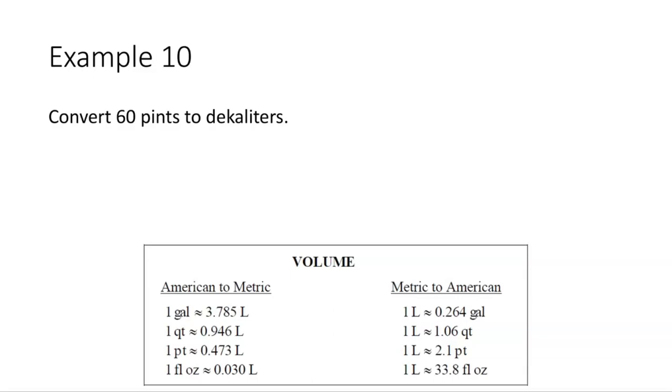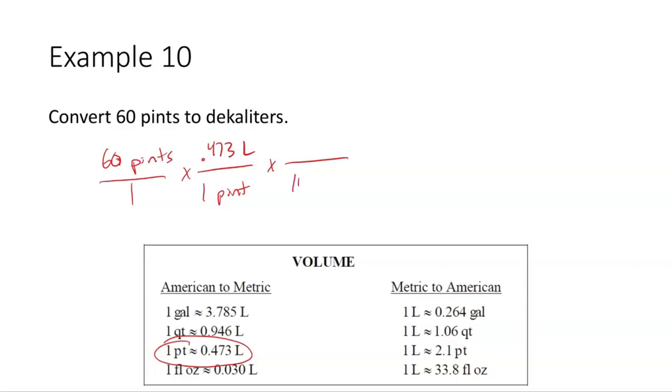If I want to go pints to decaliters, so I start with 60 pints. And what I know is 1 pint is 0.473 liters. And then deca means 10 liters. So 10 liters is 1 decaliter. So that gets rid of pints, gets rid of liters.